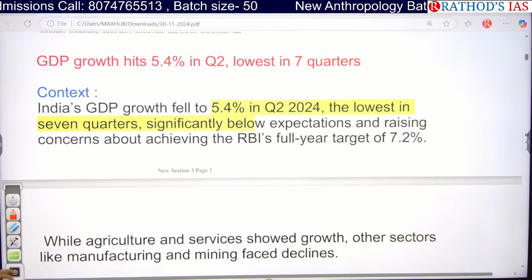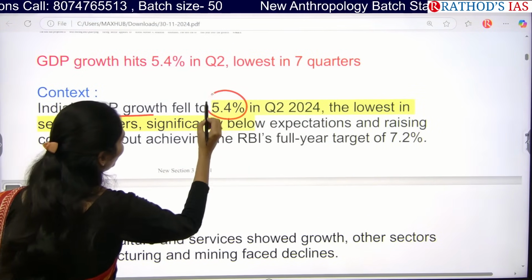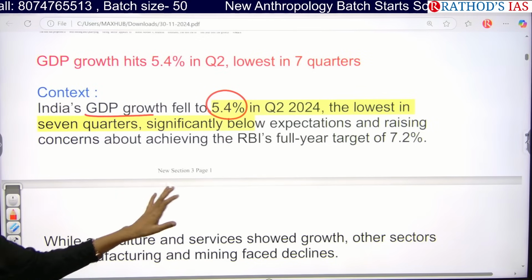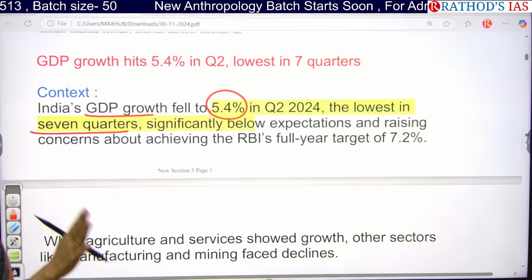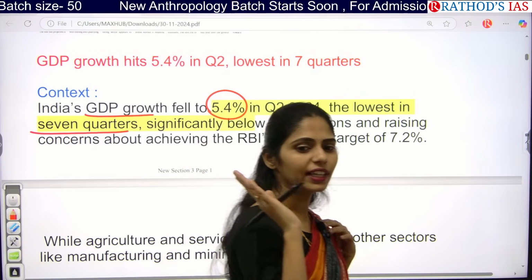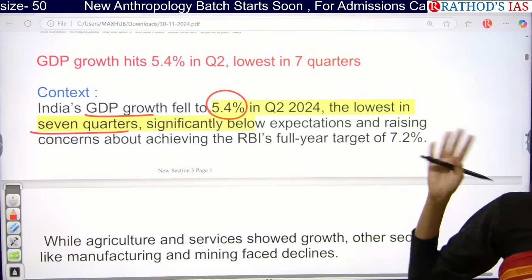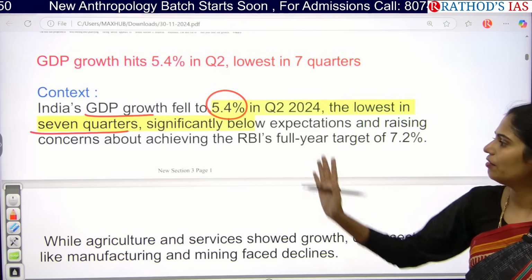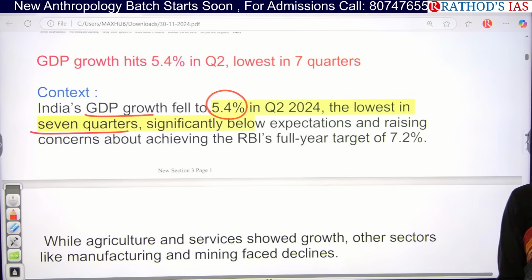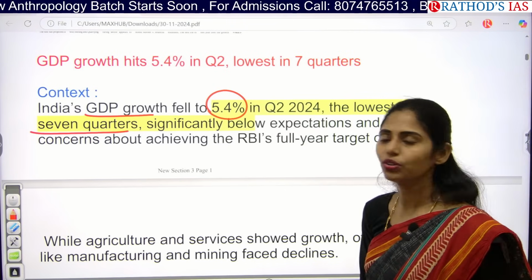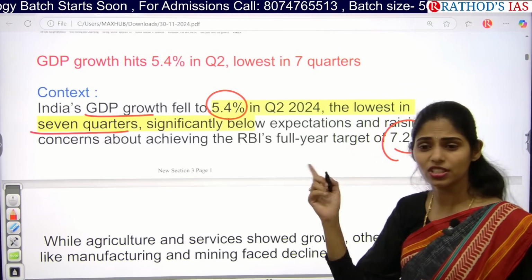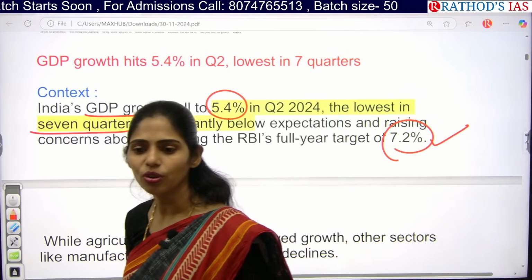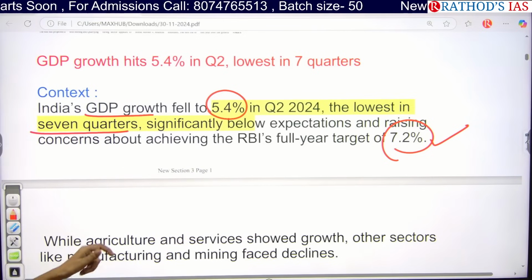India's GDP growth fell to 5.4% in quarter two of 2024, and it is the lowest compared to the last 7 quarters. That means going back 1.5 years, this quarter has very little growth. RBI expected this year's growth to be 7.2%, and we are not going to reach this target because of the very low growth in quarter two.